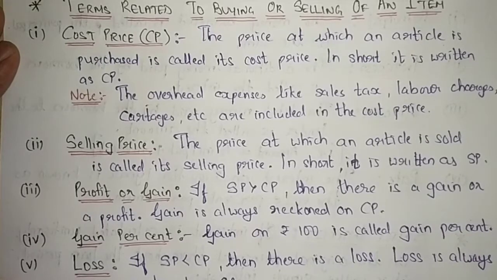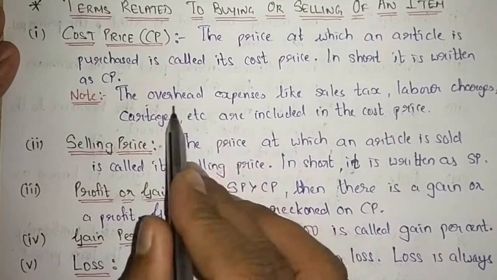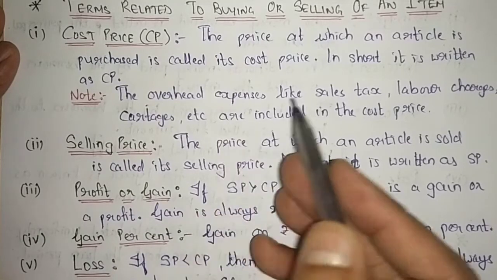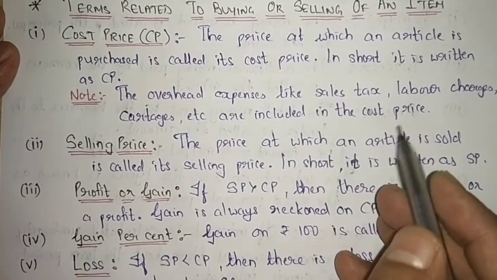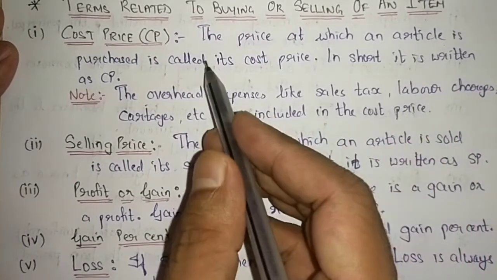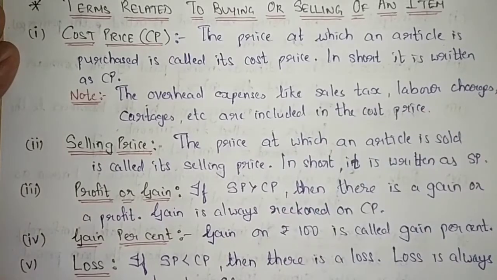Let us imagine that I have paid 25,000 as other expenses, that is overhead expenses, which are also included in the cost price. Therefore, my new cost price will be 5 lakh for the car plus the 25,000 I have given as expenses, that will be 5 lakh 25,000.